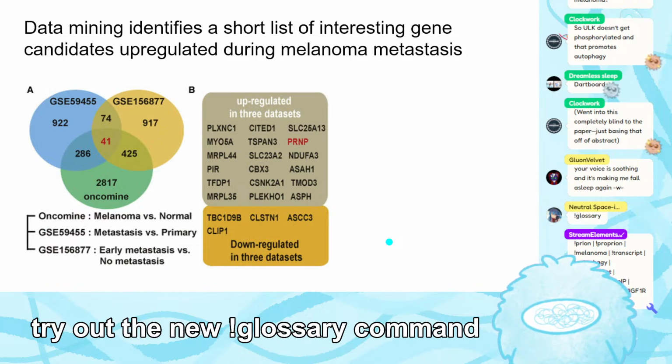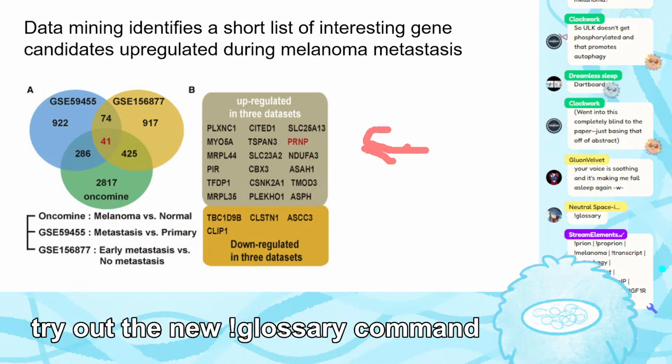And in this data mining, we actually have a set of only 41 genes that are all upregulated in this particular data set. And, you know, I'm not a cancer guy, so when I see this, my eyes completely glaze over, right?